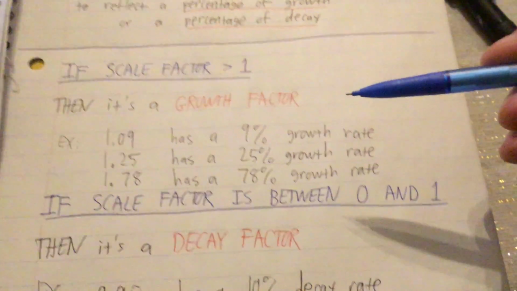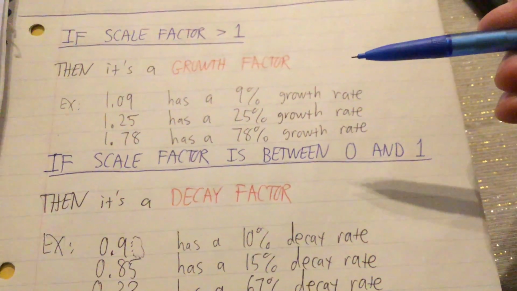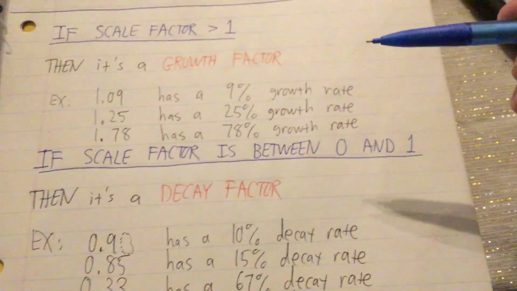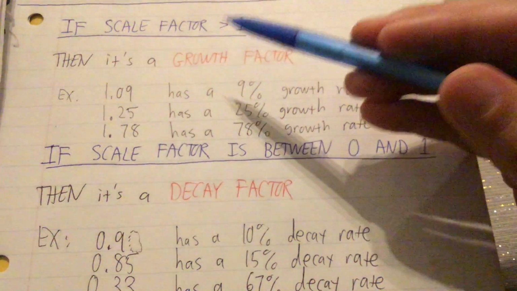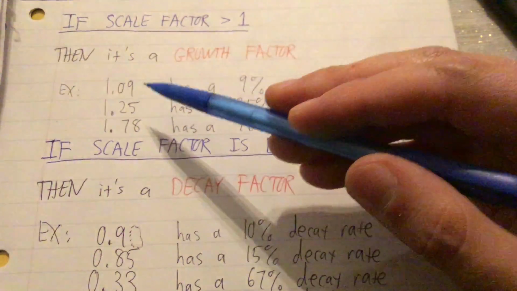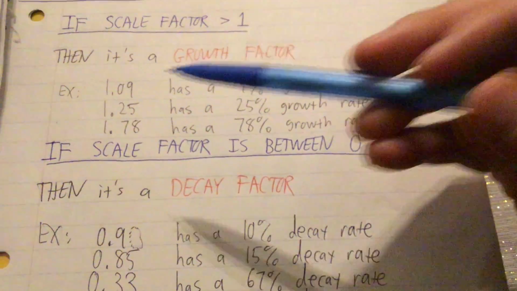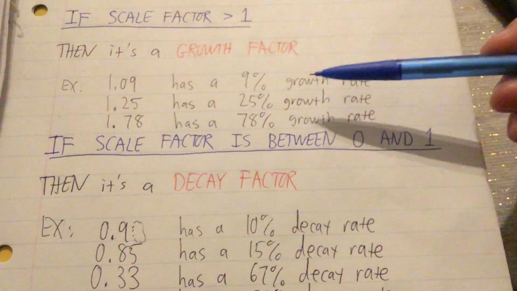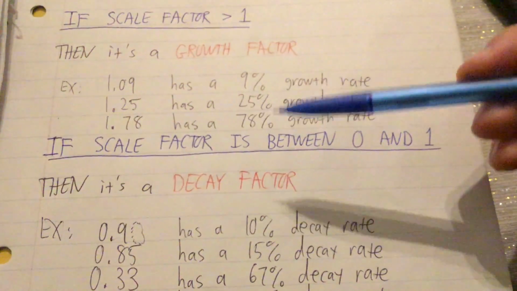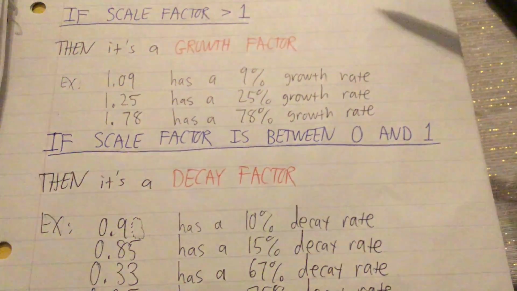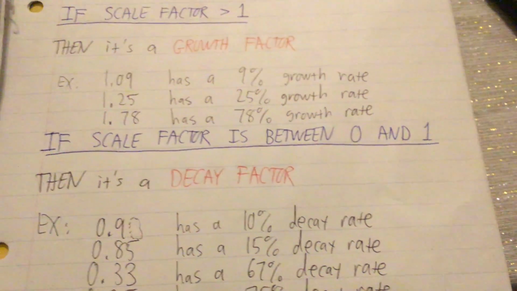Again, this is all from the previous video, so if this is in your notes, you don't have to write this down again. If the scale factor is bigger than 1, like 1.09, it grows by 9% for every x. 1.25 grows 25% for every x, and so on and so forth. 1.78 would grow at a rate of 78%.